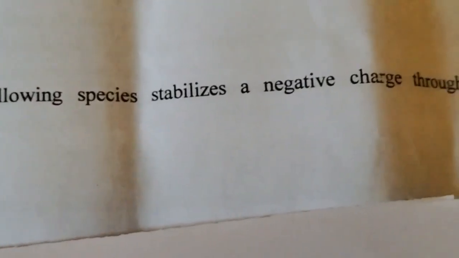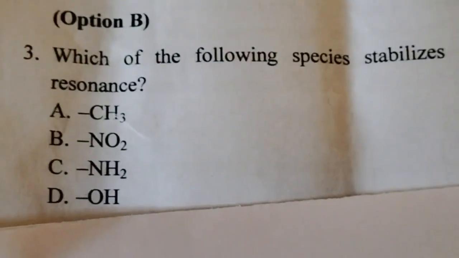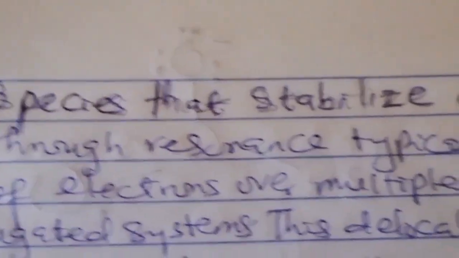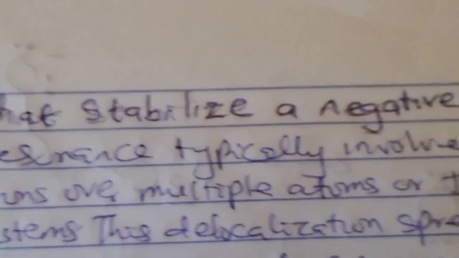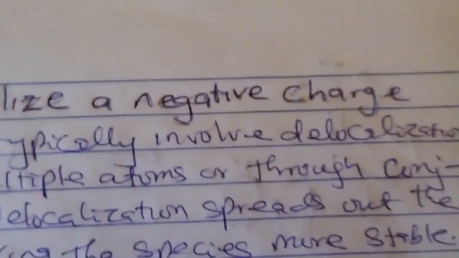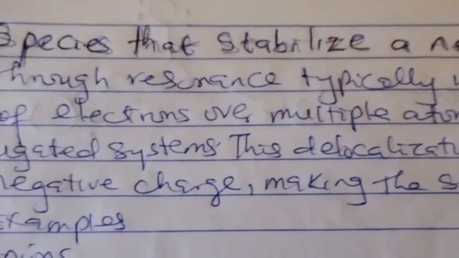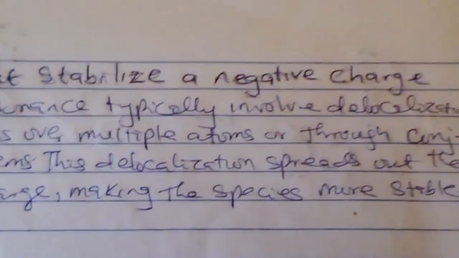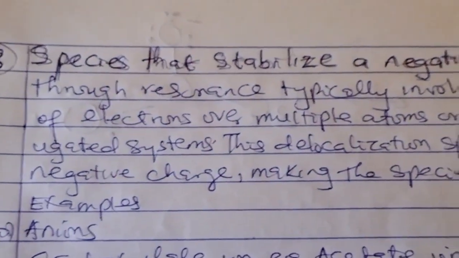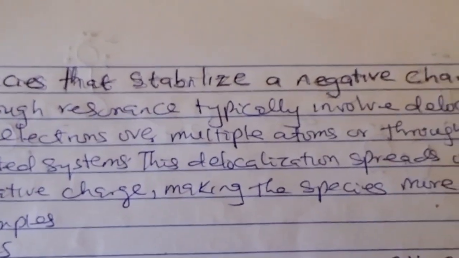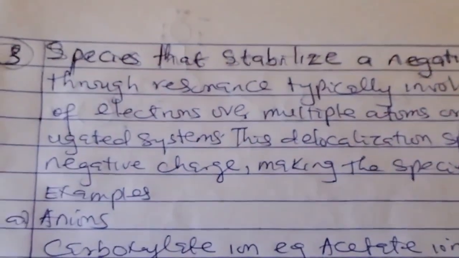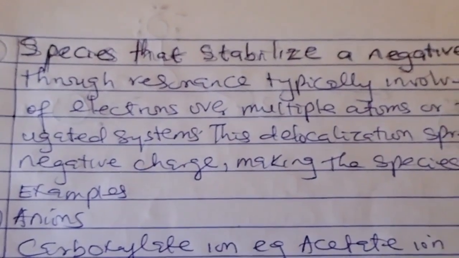So let's throw some light on that. Species that stabilize a negative charge through resonance typically involve the delocalization of electrons over multiple atoms or through conjugated systems.